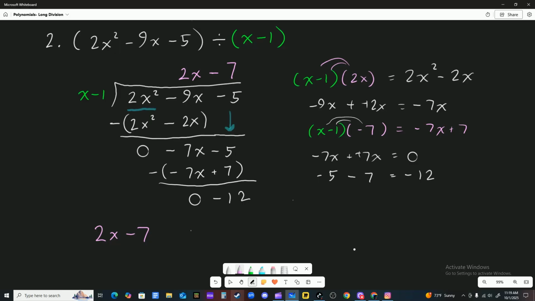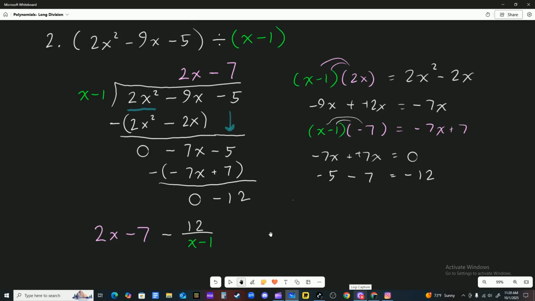It's a negative 12, so minus 12 over x minus 1, just like that. Okay. And let me just check my work that I did earlier to verify that I did it right. Yep, I'm right. So that's our second example. Cool. I gotta check my answers too, guys.